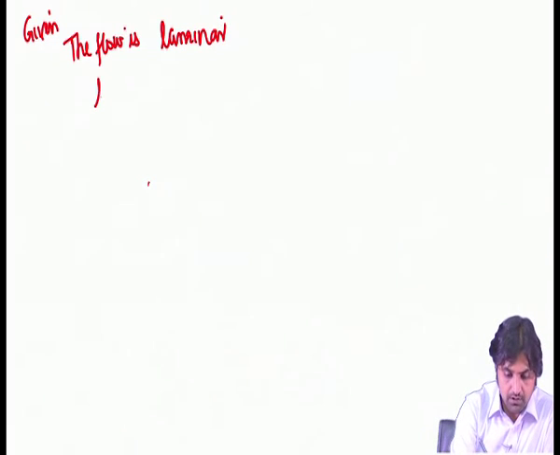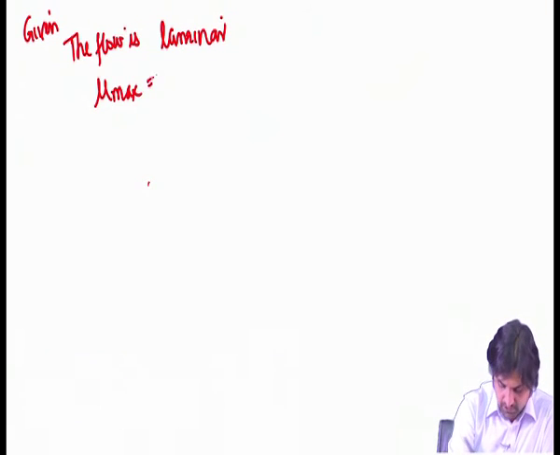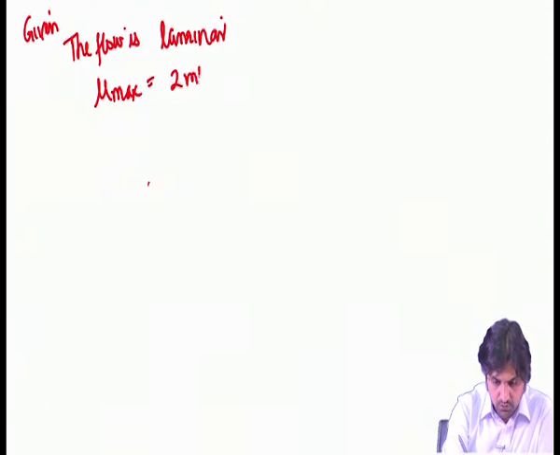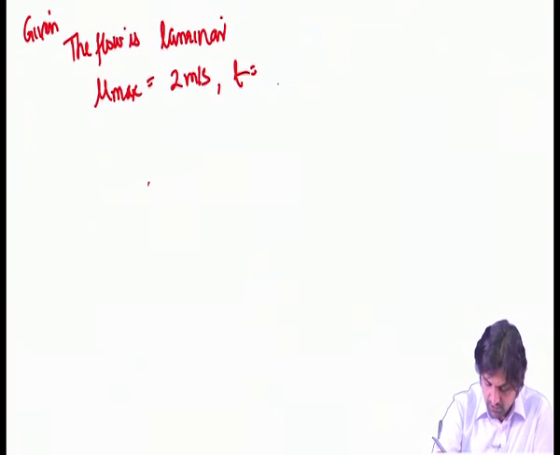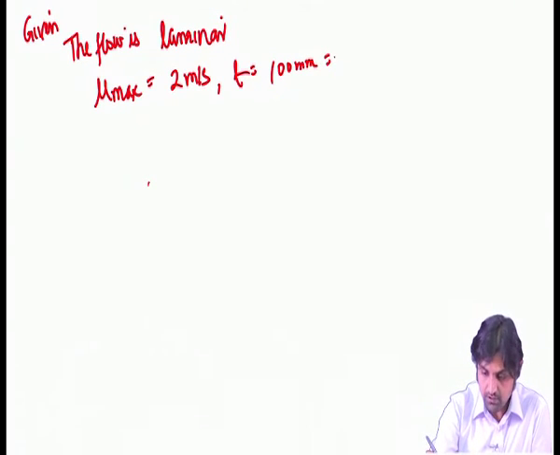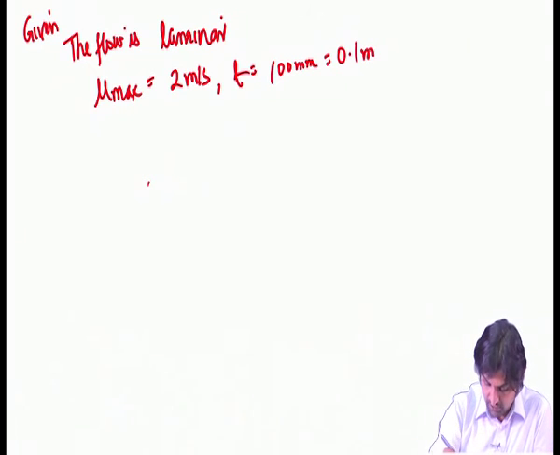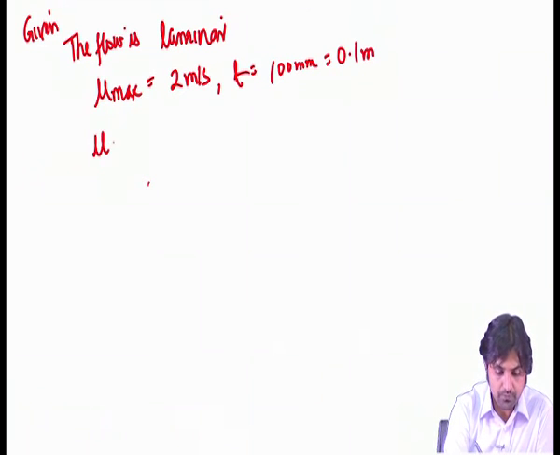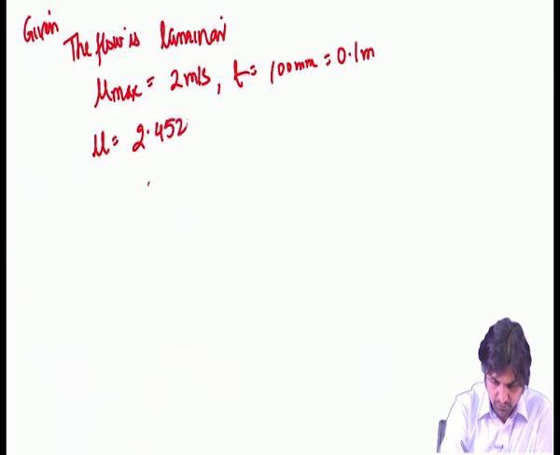U max is given as 2 meters per second. Thickness is given as 100 millimeters or 0.1 meters. Mu is given as 2.4525 Pascal second.